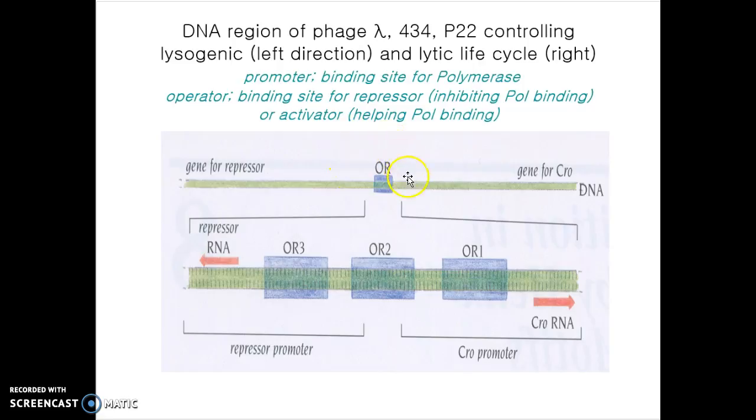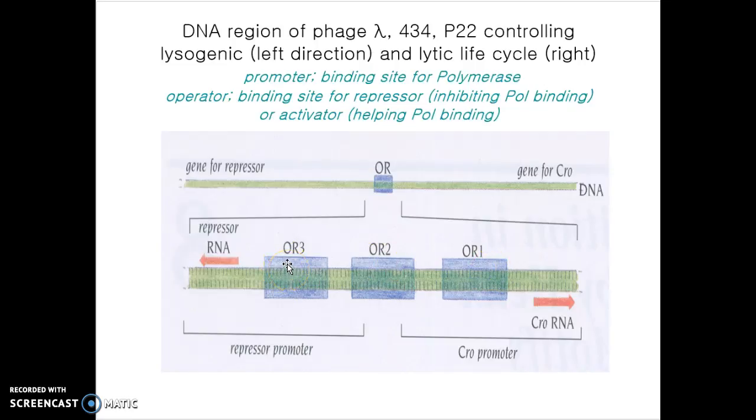This is showing the regions responsible for the early transcript. So there are two important structural genes, repressor at the left side and Cro on the right side. In between, the expanded version indicates three operators, OR1, 2, 3.